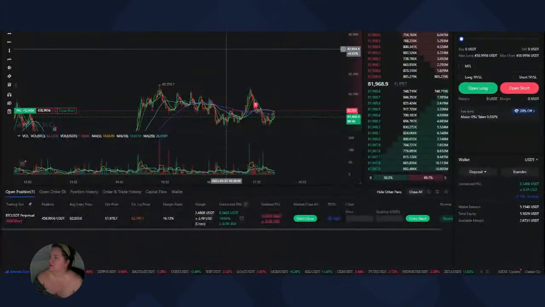So let's go over to, not that one. That's my shit trading account that I trade shit coins. This one. Oh, that's not it.